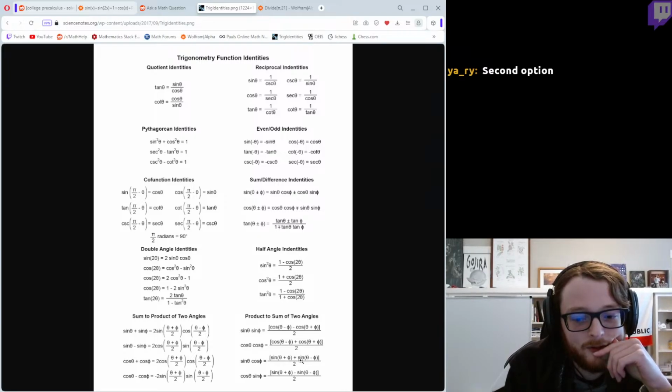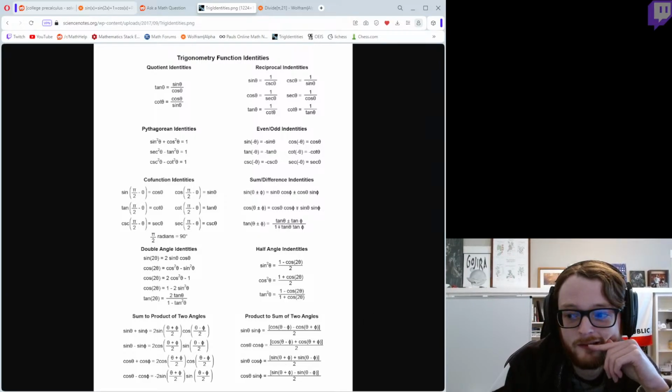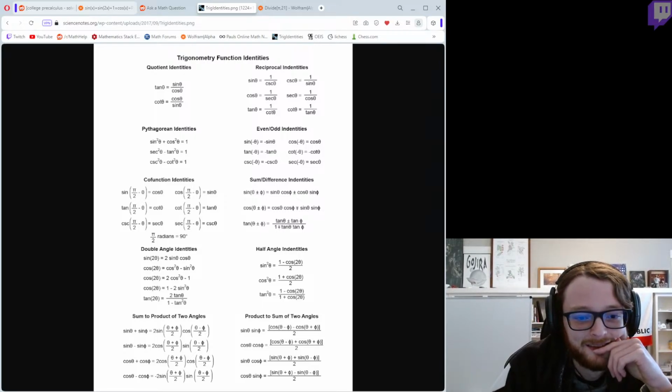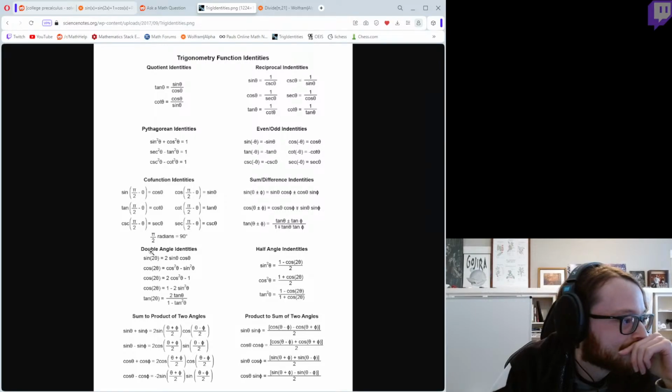Well, this formula exists: sum to product. The sine x cosine x was messing with me. This would split it up into sines, but we're going to get more half angles, I think. Half angles of sine. Oh my god.